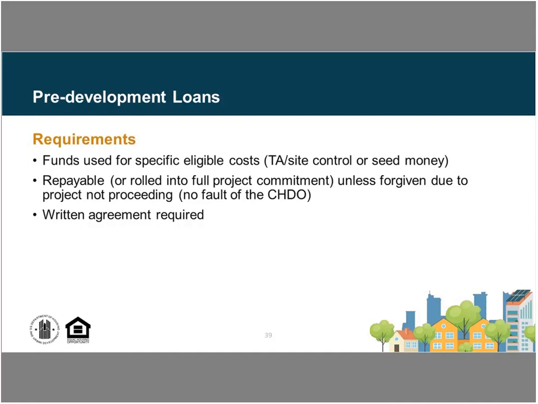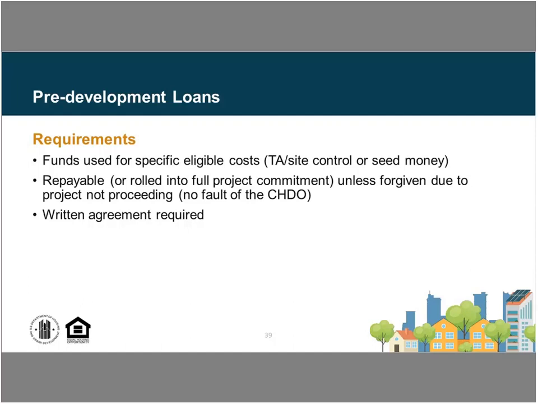These pre-development loans are to cover costs related to putting together that eligible project. That might be things like gaining site control, or getting an option in place, which is going to have costs. It might be doing things like a market study or other work to determine whether this is actually a viable project and that the CHDO should move forward with it.